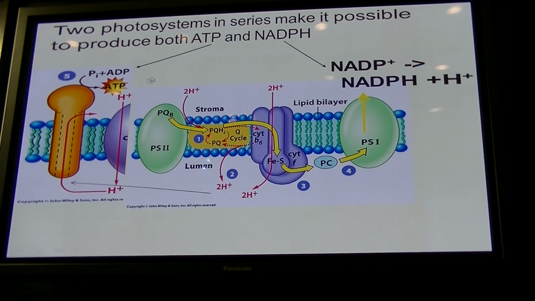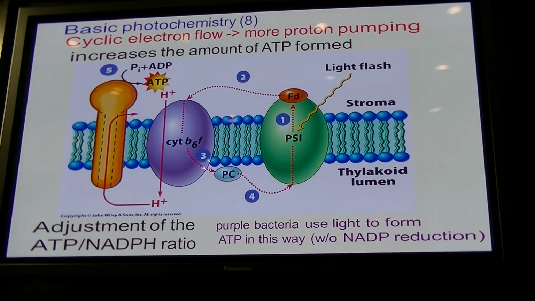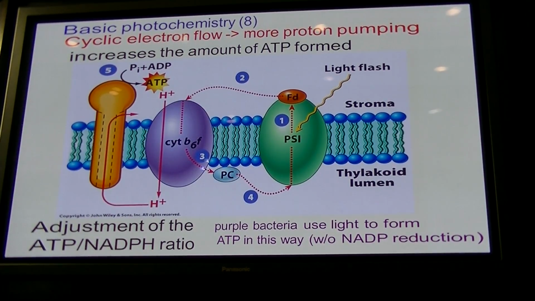It is the cytoplasm of a photosynthetic bacterium. At the other end, photosystem 1 drives the formation of reduced NADP. Alright. Now sometimes we need more ATP and less NADPH. So what can we do?